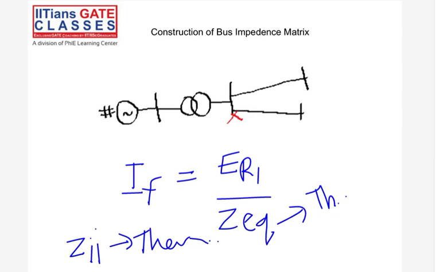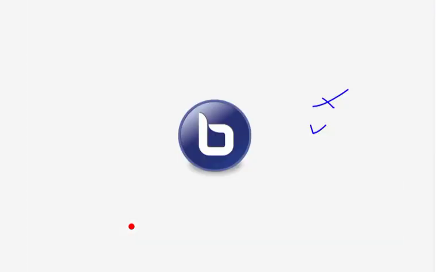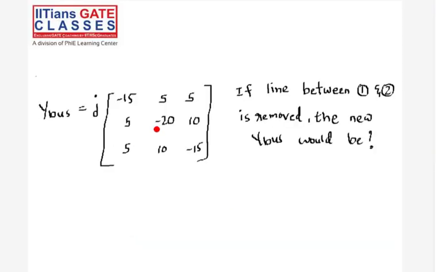When we are writing the Y bus over here, this minus 20 is not just a number that we put over here. It's not just a step in a mathematical approach. That 20 has a physical meaning. Can you tell me what the physical meaning of that minus 20 is?